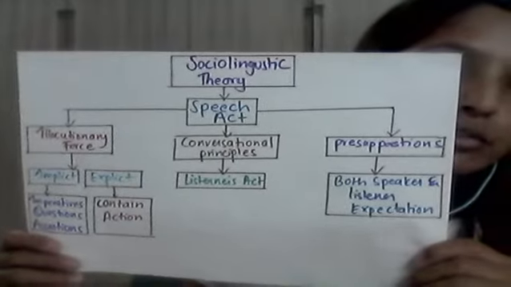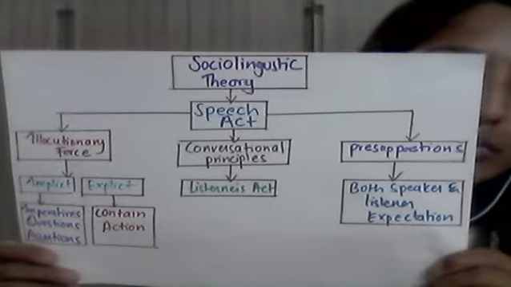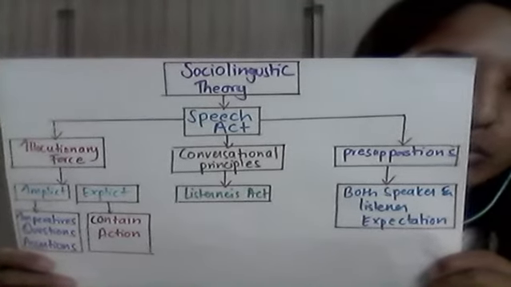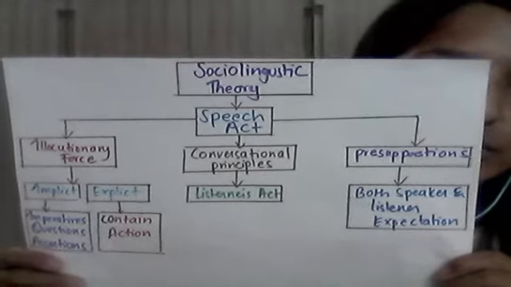The final theory is the sociolinguistic theory. Sociolinguistic theory was developed in response to the focus on the structural development of language in the previously discussed theories.